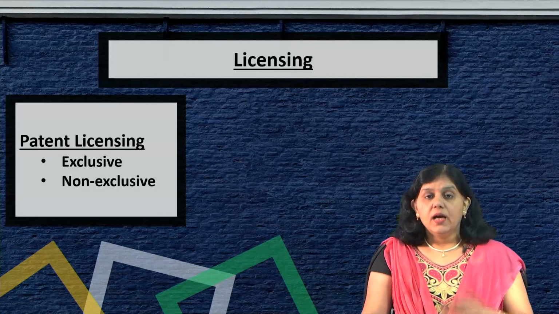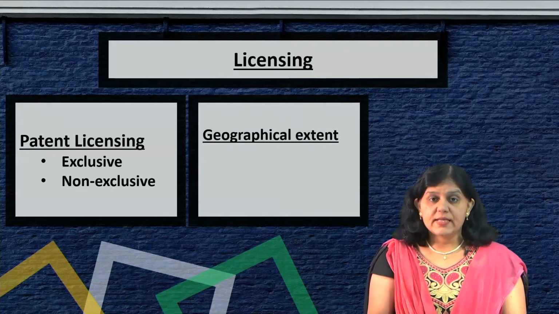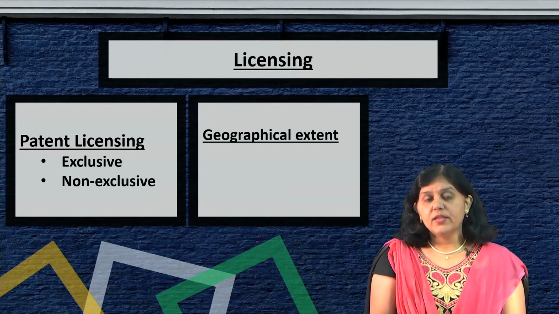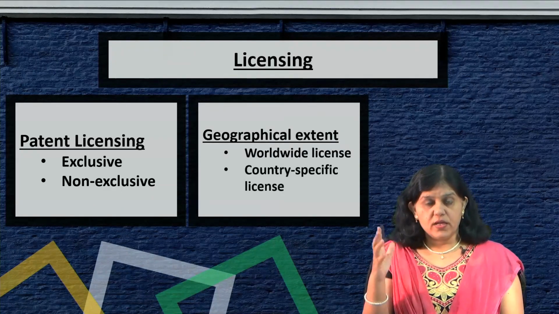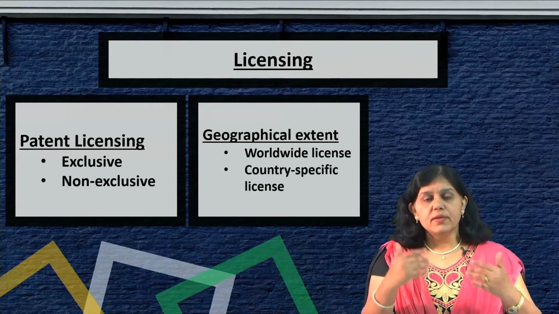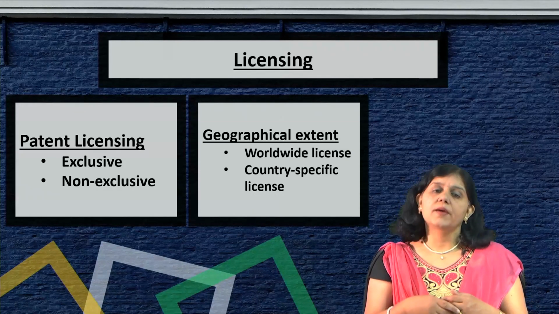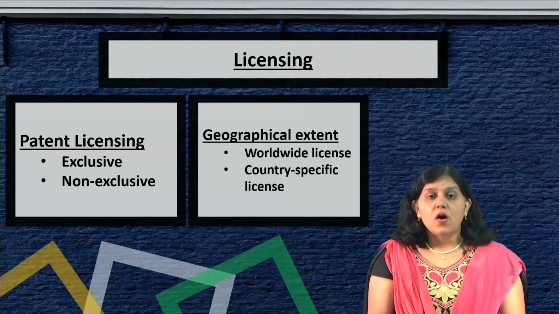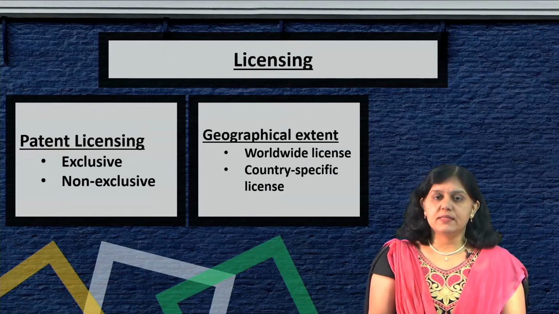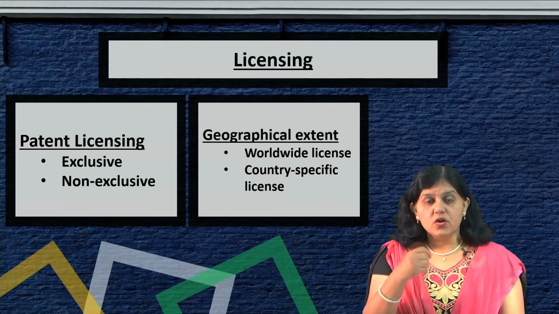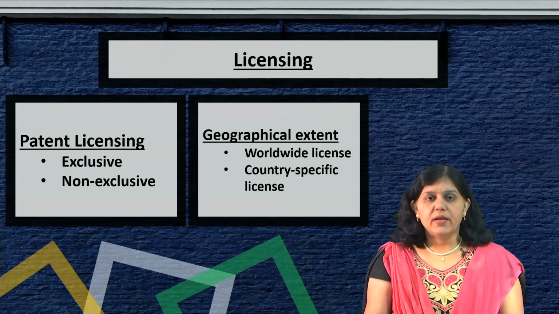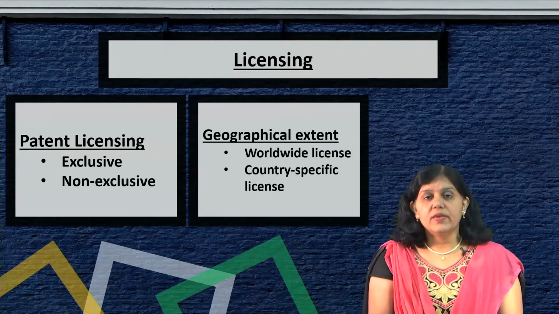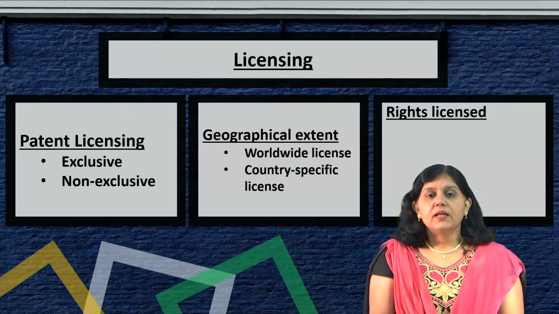Now the geographical extent is also important: whether you want to do a worldwide license, giving rights to parties all over the world, or keep it country specific. You can determine the geographical extent and do the licensing depending on that. Then the third way is the rights licensed.